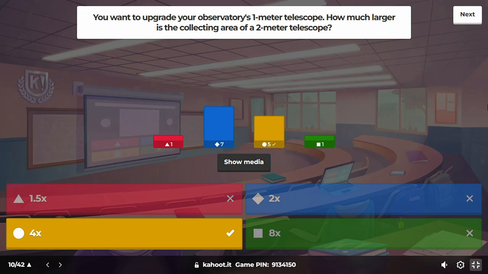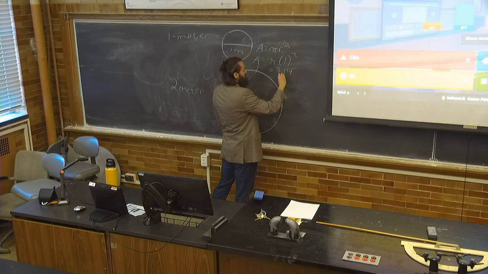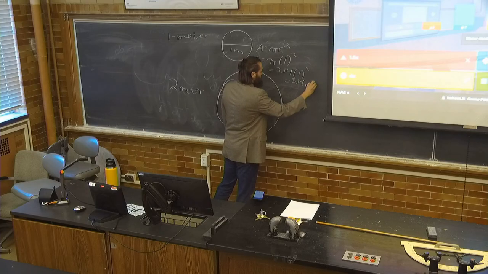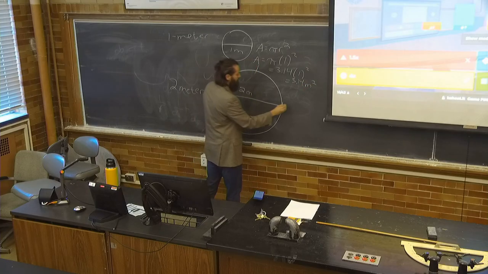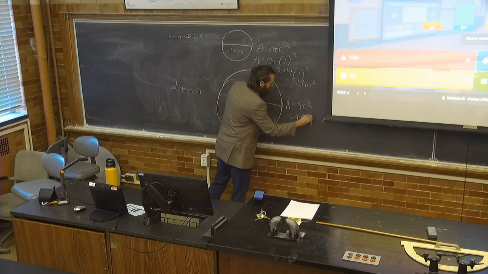So the area for a 1-meter telescope would be 3.14 times 1 squared, so that would be 3.14 meters squared. And then for the 2-meter, pi r squared, pi times 2 squared.